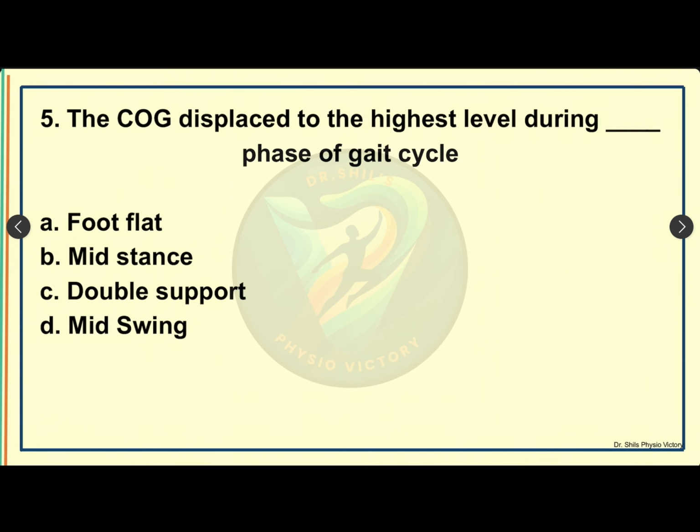Next question. Question number 5. The COG is displaced to the highest level during dash phase of gait cycle. Option A, foot flat; option B, mid stance; option C, double support; and option D, mid swing. Here the correct answer is option B, mid stance.